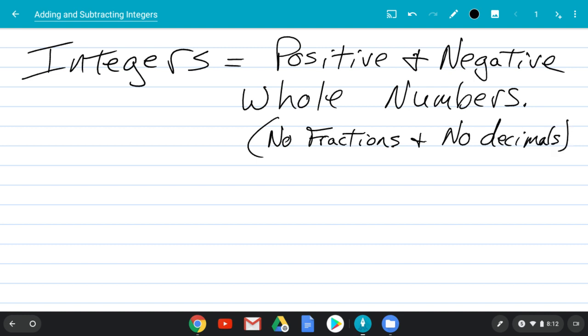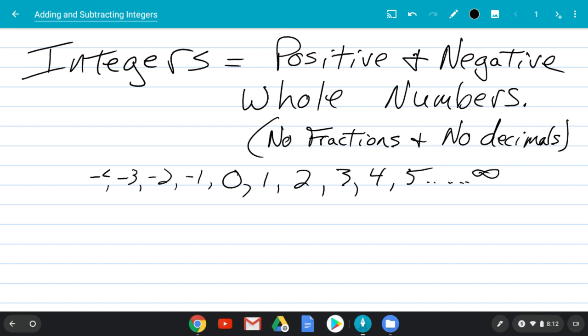Okay, well, we like to work with those. Give you examples of integers. 0, 1, 2, 3, 4, 5, and so on, all the way to infinity. Also, negative. -1, -2, -3, -4, -5, and so on, all the way to negative infinity.